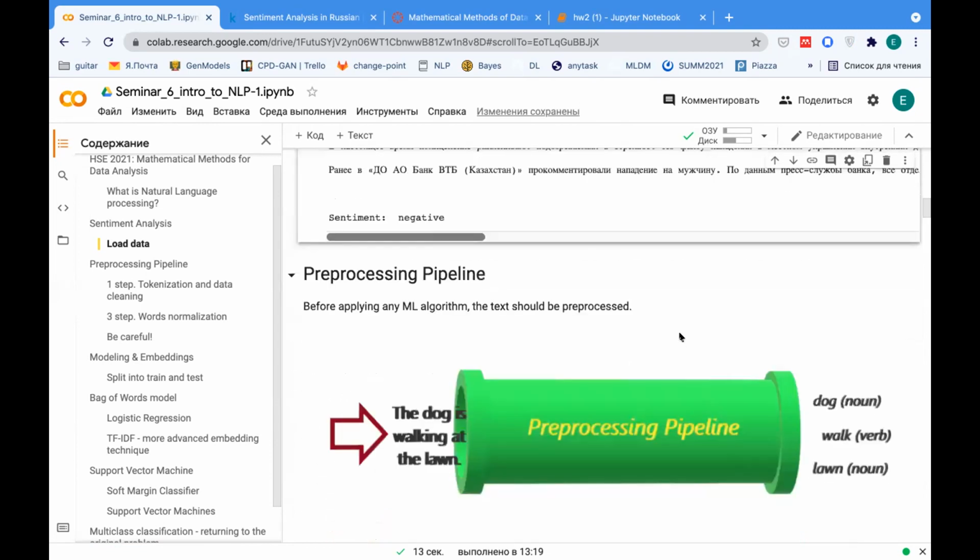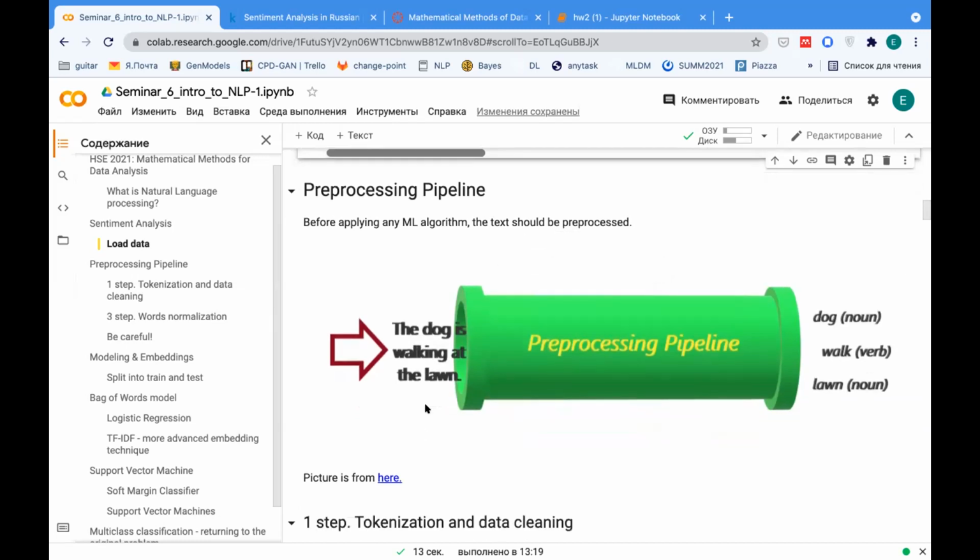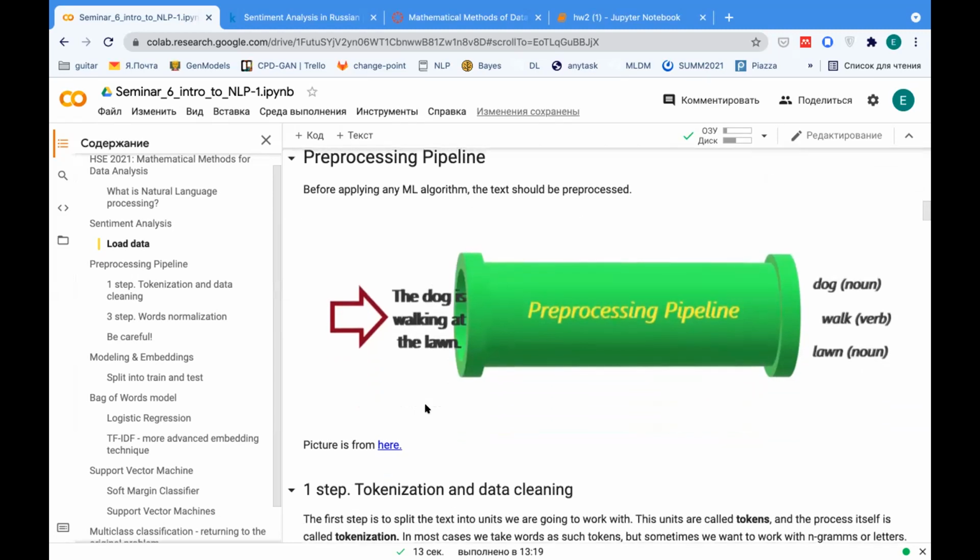Let's go. So what we need to do with our text? We need to transform it to some vectors. But actually, the first thing that we need to do is to split our text to some smaller parts. How can we do it? We can split it to sentences, to words, or even to characters.